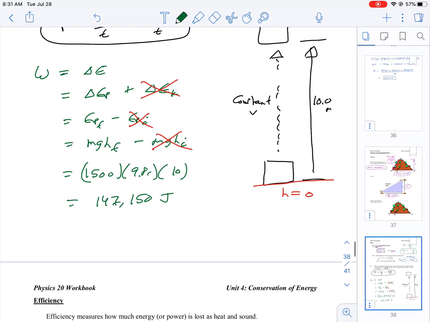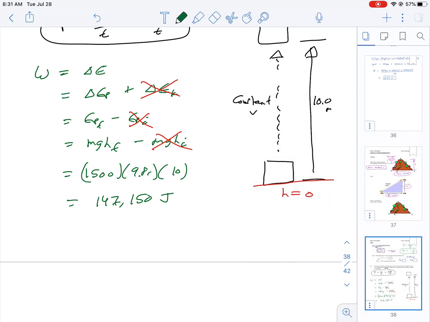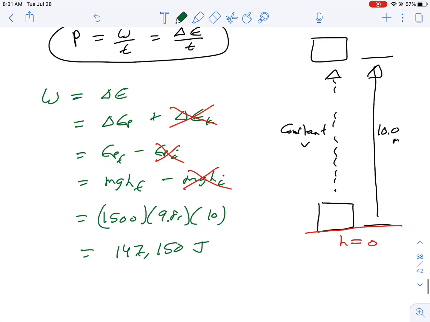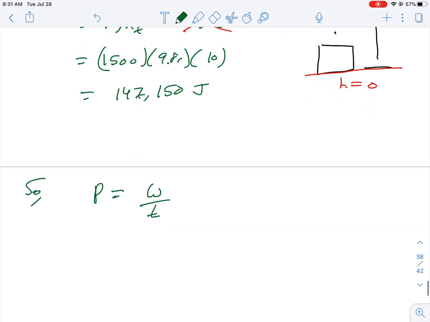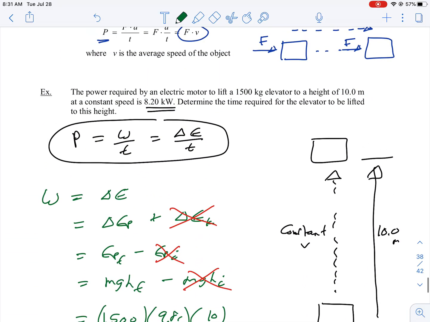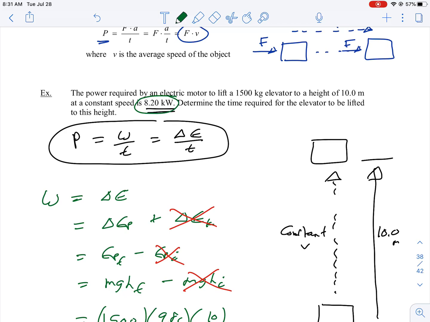All right, let me just add one more page. And now we can take on our power formula. So just remember that power is equal to work over time. And we're trying to solve for t. So we cross multiply. PT is equal to W. And therefore T becomes equal to work over power. Now work was 147,150. And the power, we're told, is 8.2 kilowatts.